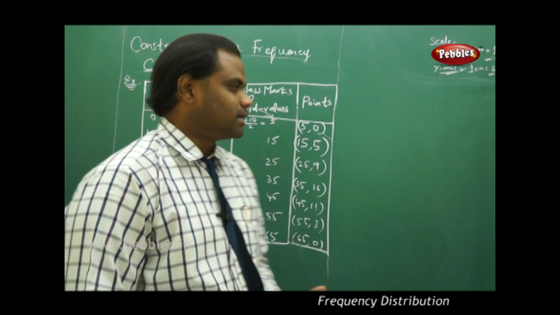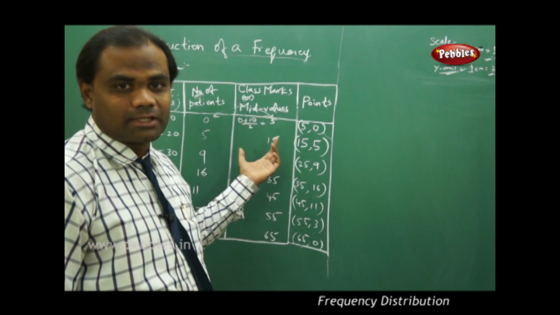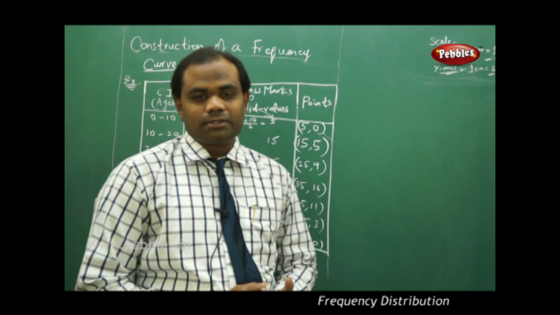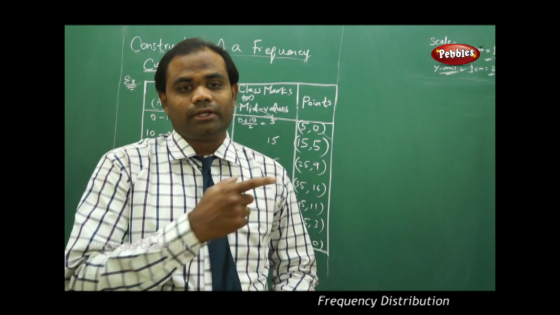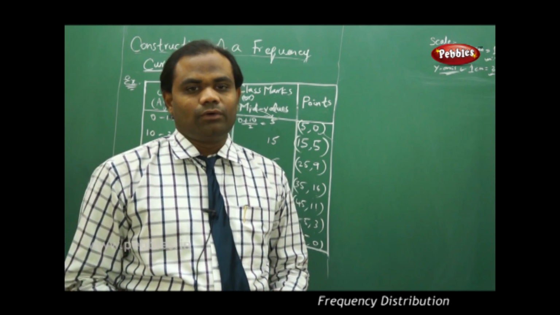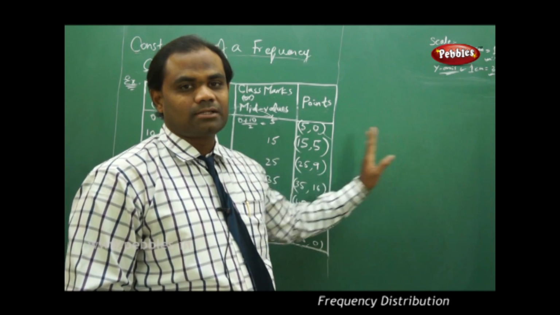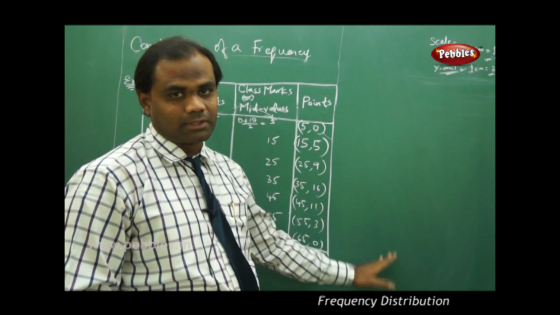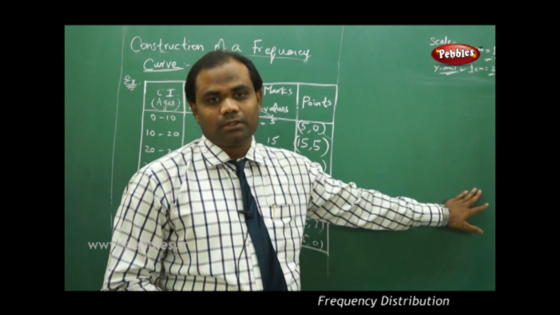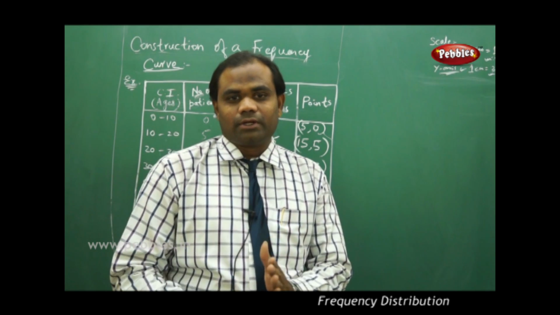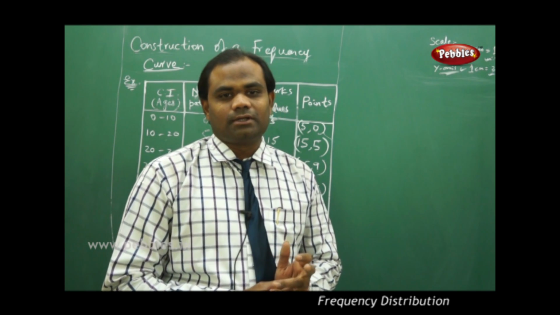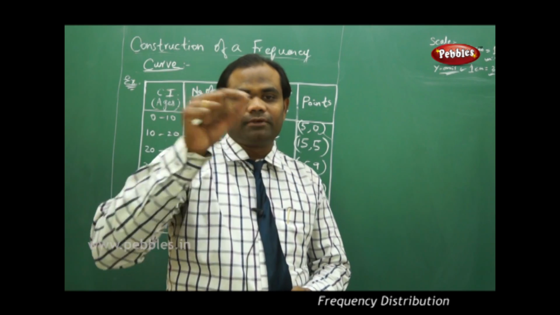I have considered the same data as in the previous example, because a frequency curve is nothing but a frequency polygon joined with a free hand. Plotting the points is similar to the frequency polygon, but once I plot the points for a polygon, I join them using a ruler, whereas for a frequency curve, I join the points using a free hand.